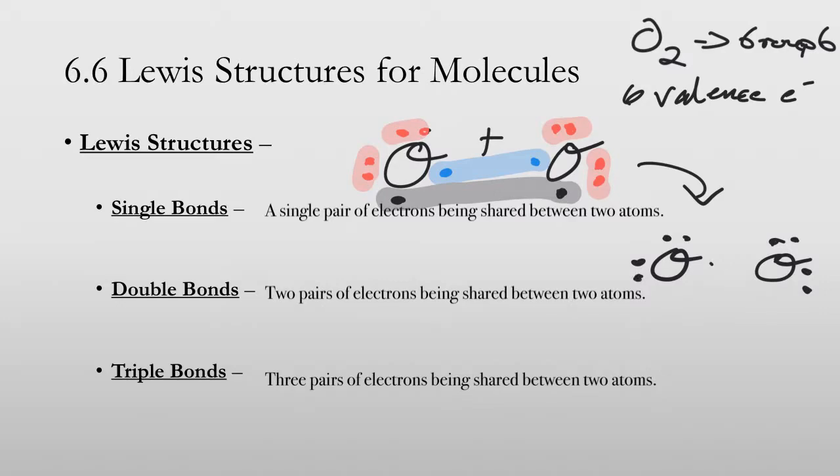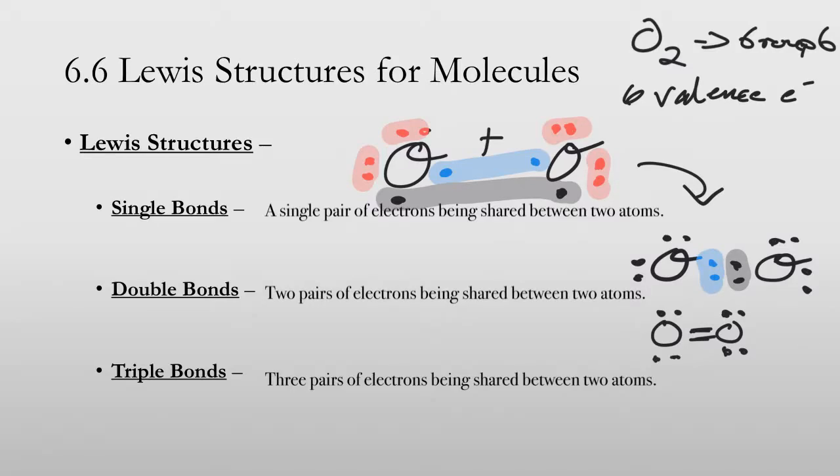And there's going to be 4 electrons in between. You've got 1 and 2 pairs of electrons. And again, the more proper way to do Lewis structures is to use lines to represent the bonds. So this is how we would draw oxygen in reality.